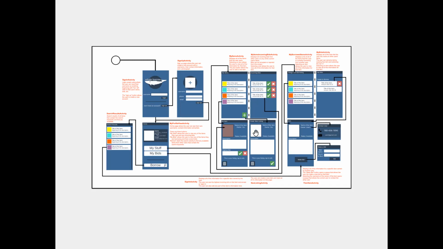And then we have buttons to select. And when you click on one of these items you already have, it shows you the details of that item.